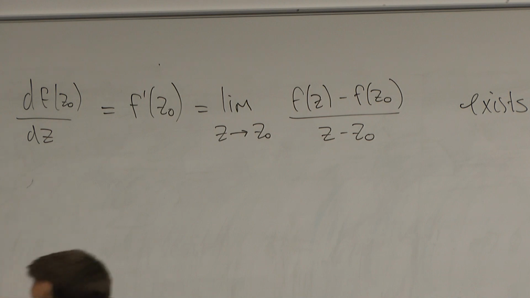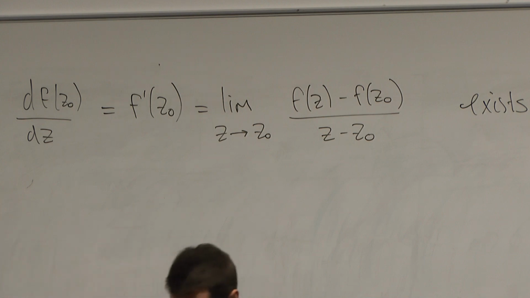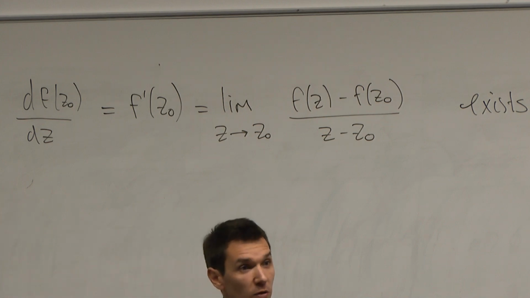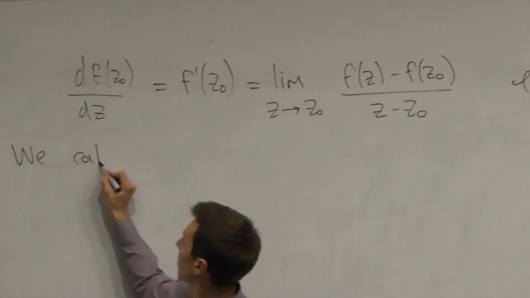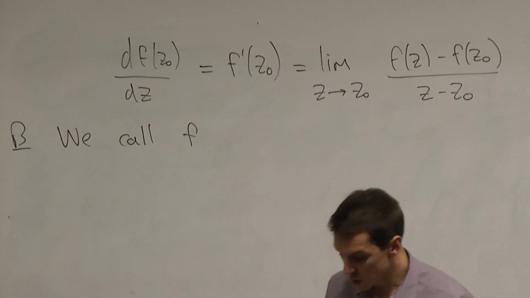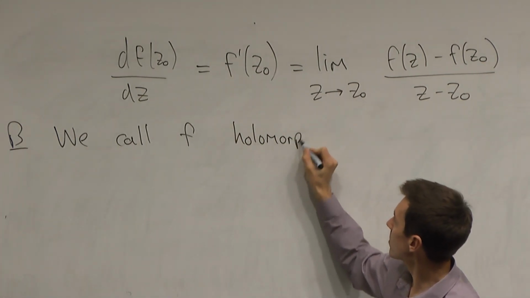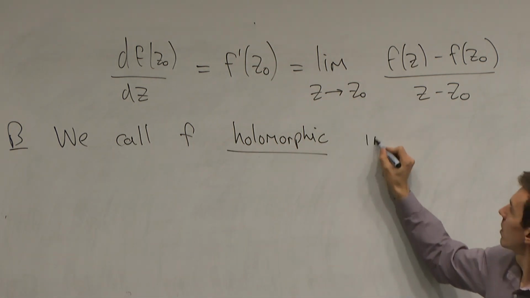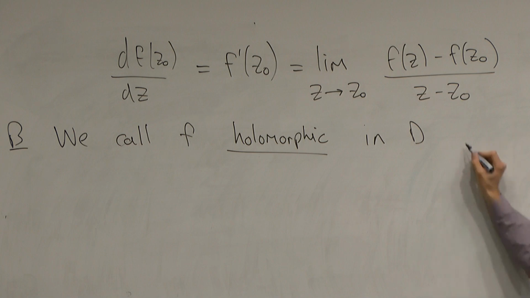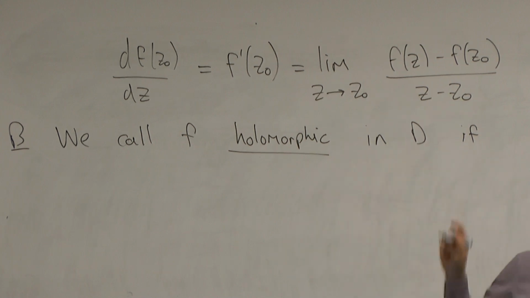Then part B, so this is part A, then part B of the definition defines a holomorphic function. Okay? So we call the function f holomorphic in D. And this is if f is differentiable at every point in D. Okay?